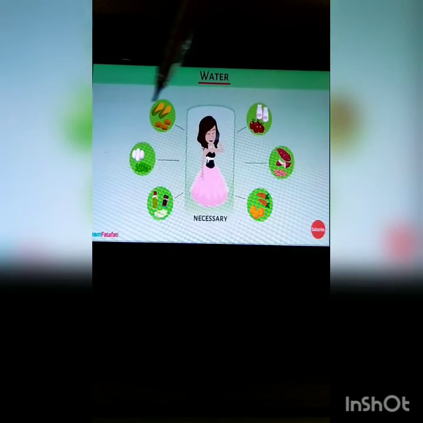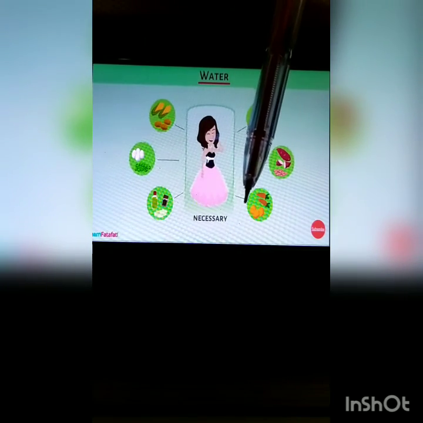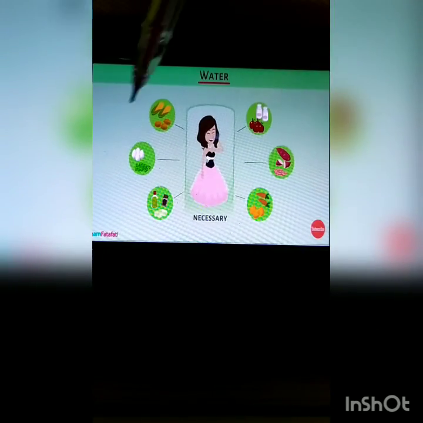It helps our body to absorb all the nutrients from the food, and it also helps in maintaining the body temperature. When we are doing exercise, we sweat a lot, so the water comes out from our body through the sweat. Excess temperature is also removed through the sweat.